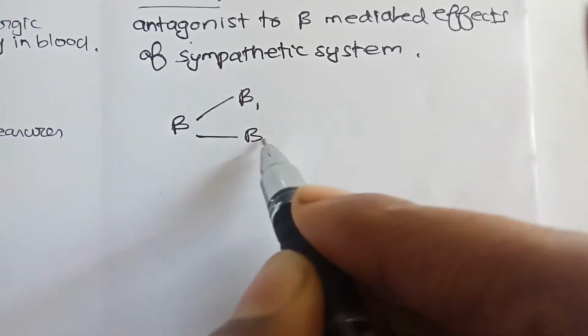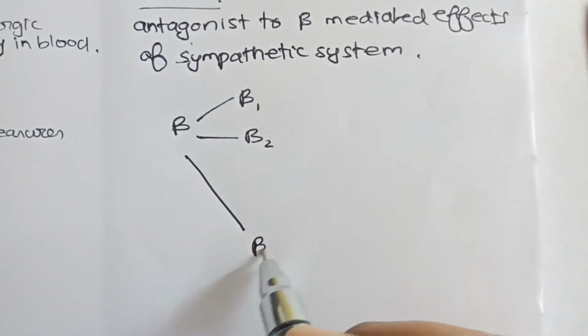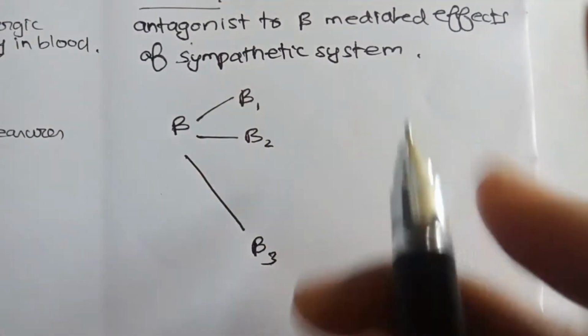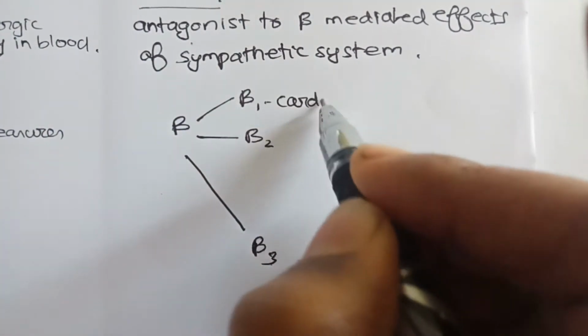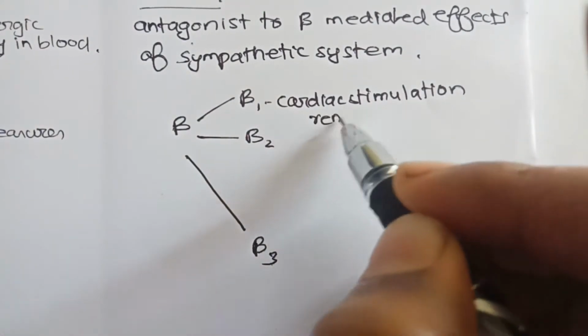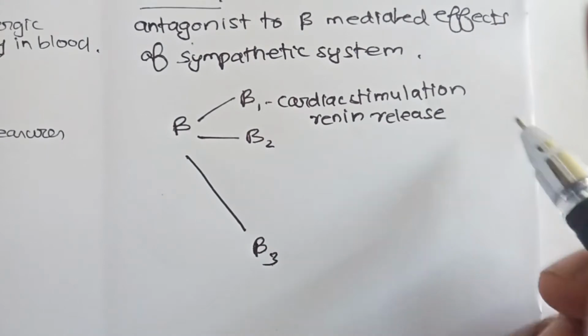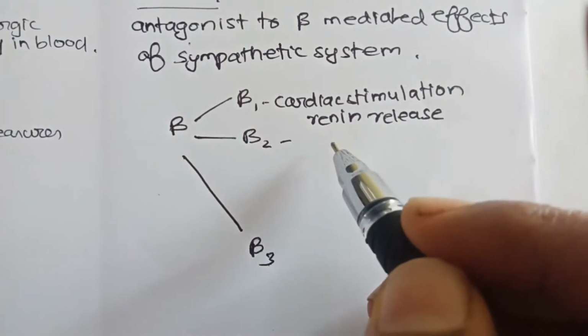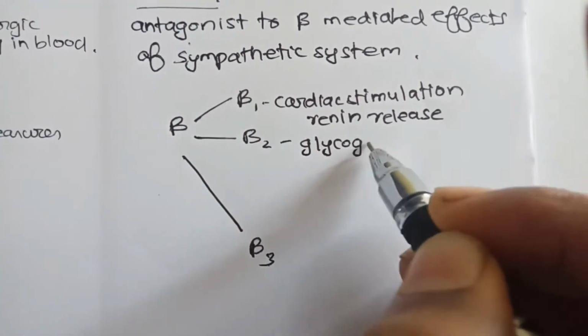We know that there are three types of receptors: beta 1, beta 2 and beta 3. Coming to beta 1, it mainly stimulates our cardiac function, and also it stimulates renin release. So beta 1: cardiac stimulation and renin release.